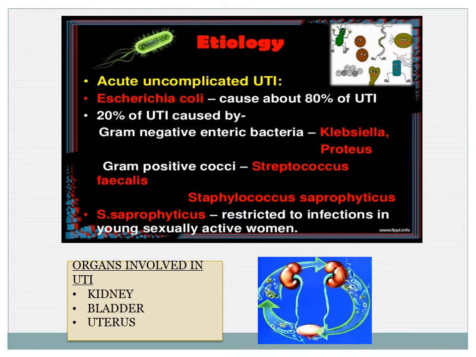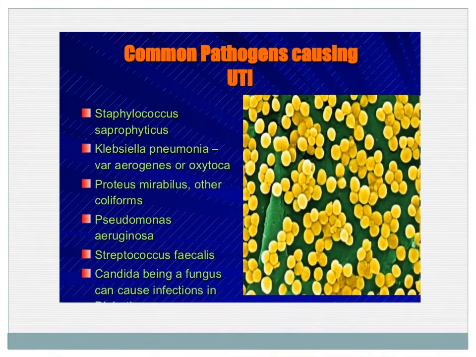In etiology or risk factors, mainly some bacteria are responsible for UTI. That bacteria may be E. coli, Escherichia coli, Klebsiella, maybe Streptococcus faecalis, Staphylococcus saprophyticus, and some others.